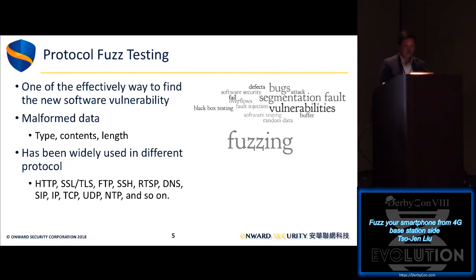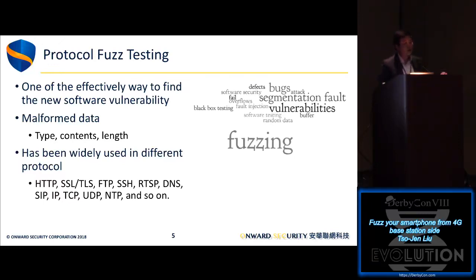We send malformed data or very big values, very long strings, and monitor the response from the target. If there is no response from the target, maybe we found an unknown vulnerability, because the target cannot handle our malformed packet. The application may crash for some reason.